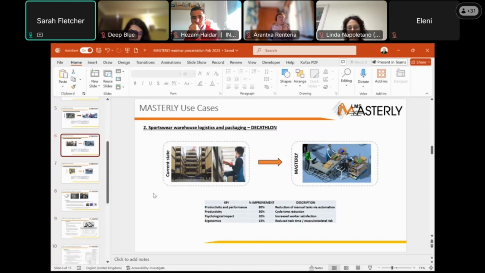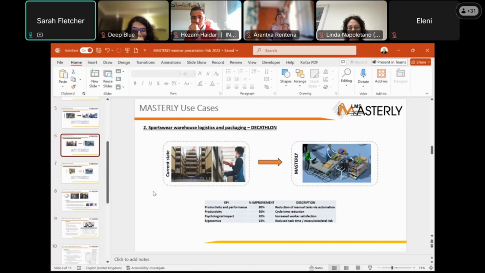And the Masterly vision is to automate this as far as possible, reducing manual strain like the Kleeman case, and to focus on improving the human enjoyment of the task, allowing them to focus more on the quality control and skilled aspects of the task, and removing the physical manual handling strain.